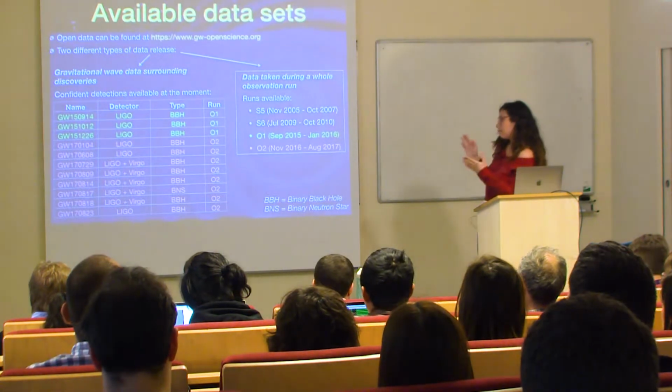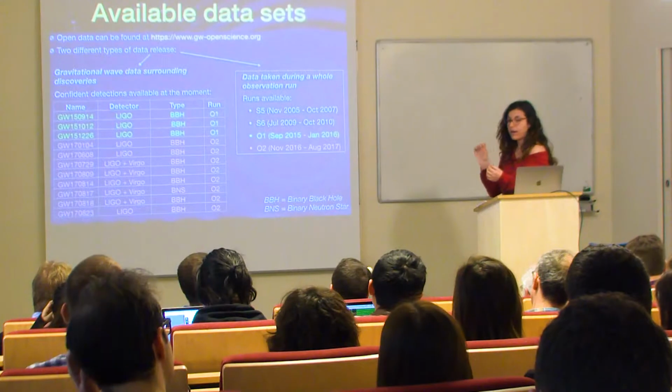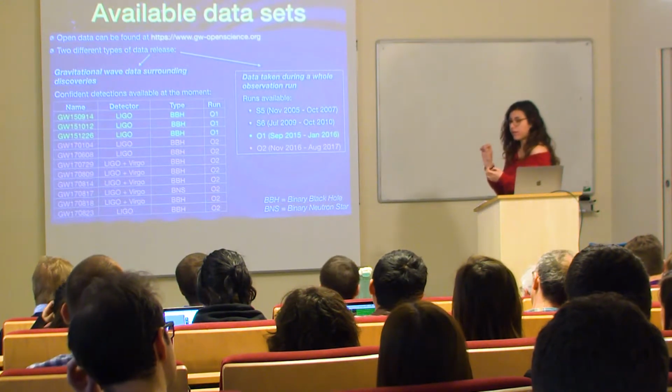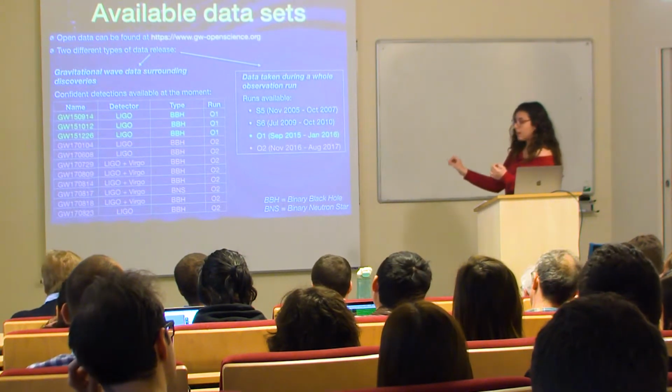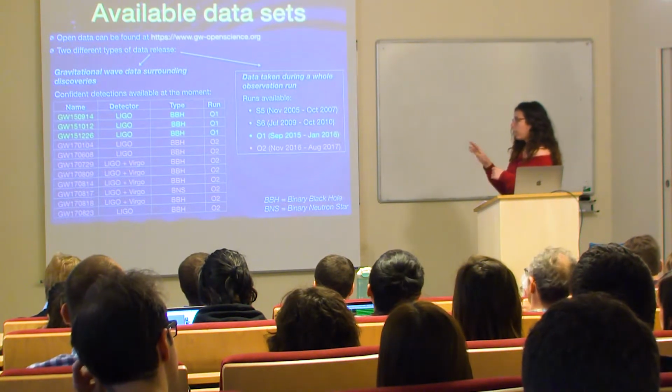And so this slide is intended to make a summary of what you find in terms of data sets on our website. So we have two different kinds of data release. We release just the data around some specific events. And this is the list of the 11 confident detections that we have at the moment.